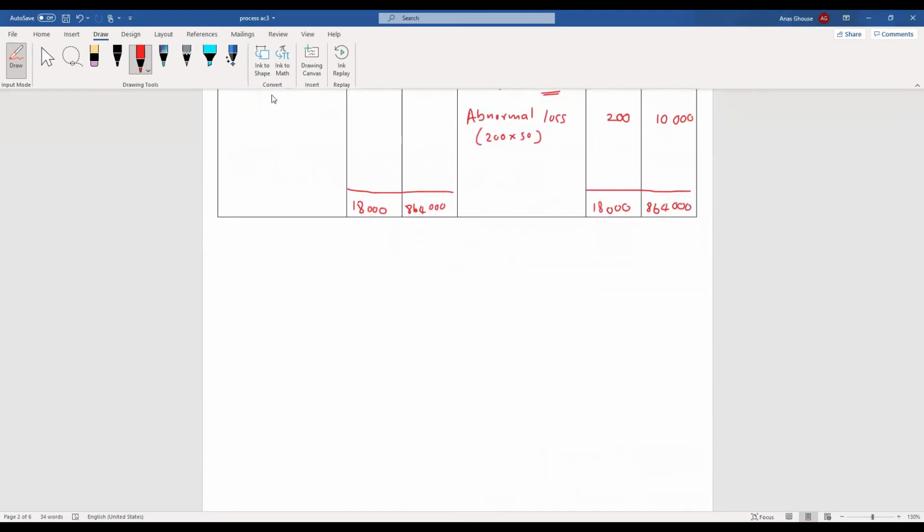Let's analyze the pasting process. We have input from the cutting process, which is 16,000. What was the cost? Which is 800,000.